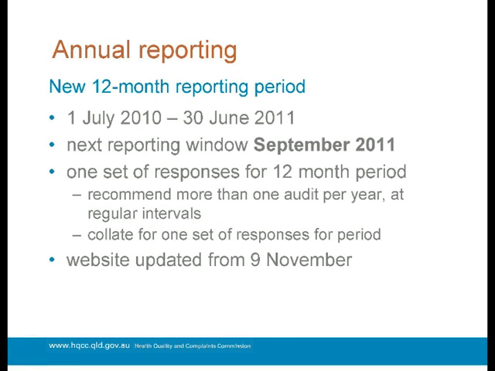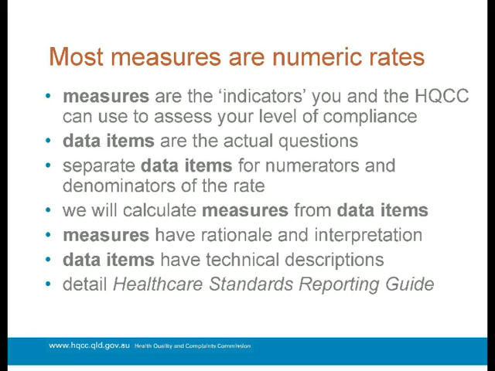We've had a few questions already, and one of those is about we want one set of responses for the 12-month period. So we understand in a 12-month period you might be doing a series of audits, or you might have a series of information, but for our reporting purposes we want to keep that as simple as possible, so it'll be one set. So if you've got a couple of things, just conglomerate that into one thing. So all of the measures have been specifically designed to assess a specific part of compliance of the standards.